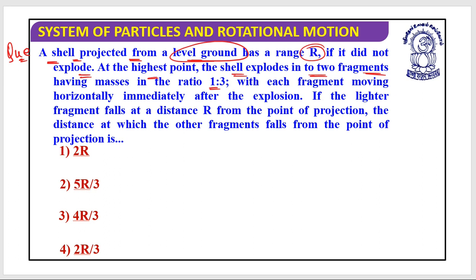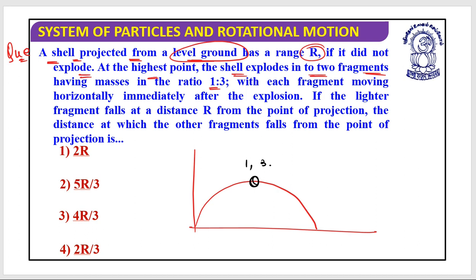So how will I do this? What it says is that the situation is something like this: a projectile has exploded over here, and it has been divided into two parts, one is 1, another is 3.